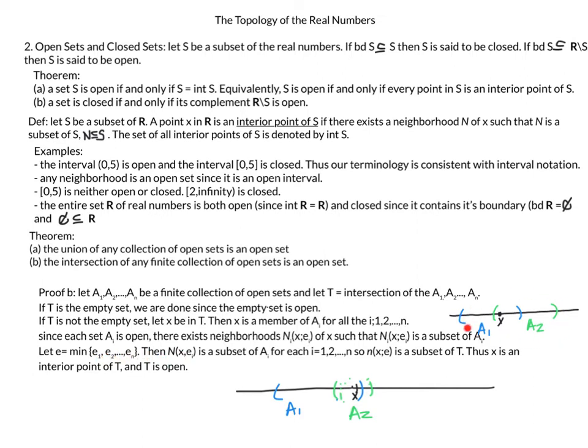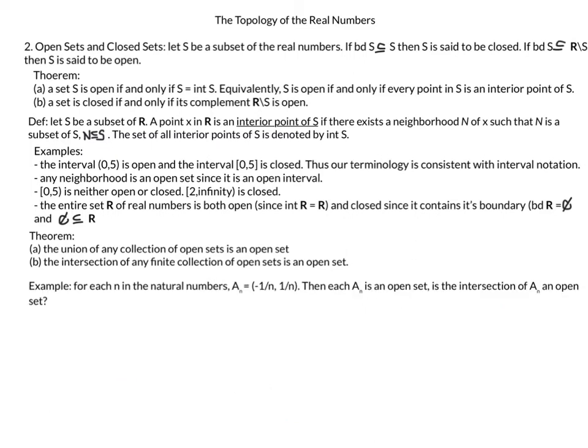In this case, our epsilon is the epsilon for A2, since A2 needs to be smaller. Then this neighborhood is a subset of all the A sub i's. Thus, X is an interior point of T, and T is also open.